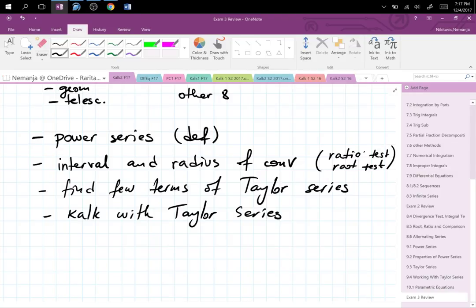I'll write it here. So the definition is the sum of c_k (x minus a)^k from k = 1 or 0 to infinity, whatever. That is the general case, the one centered at a. If that a is 0, that's the Taylor series, called Maclaurin. Exactly. Good.